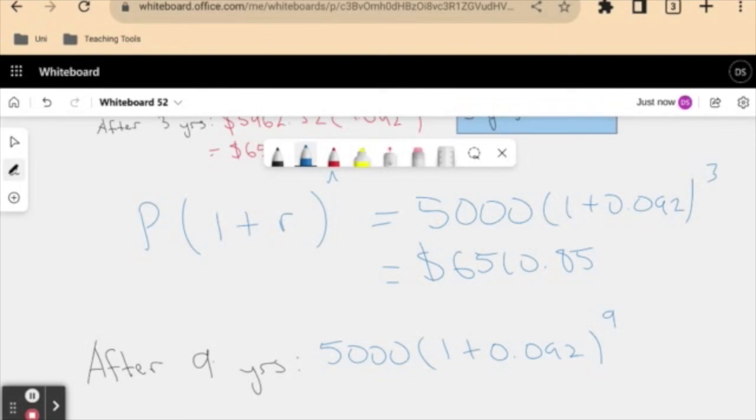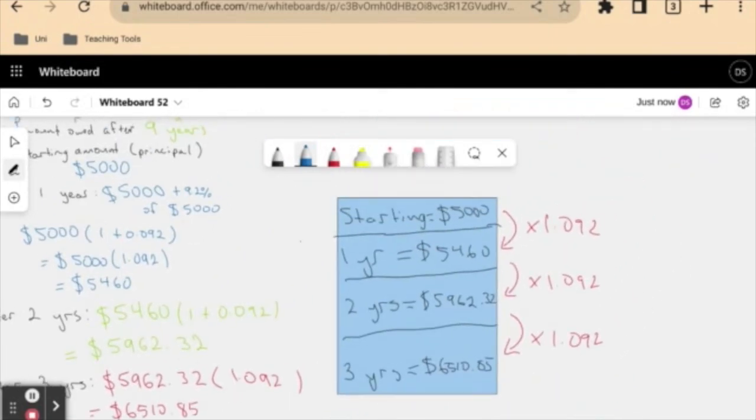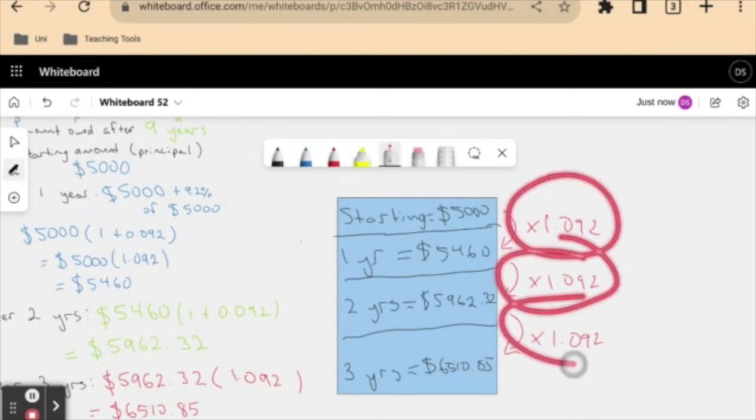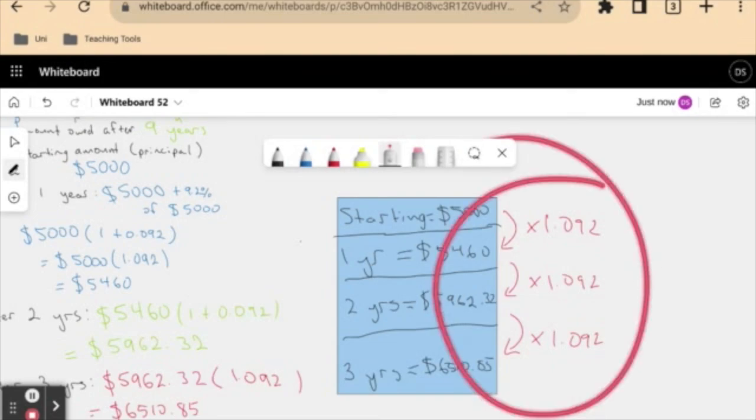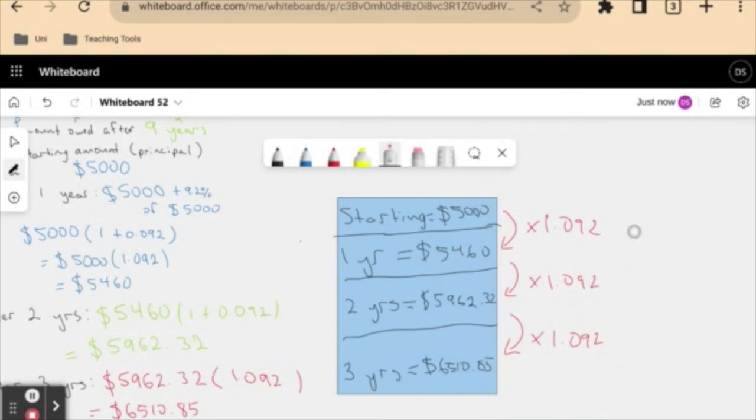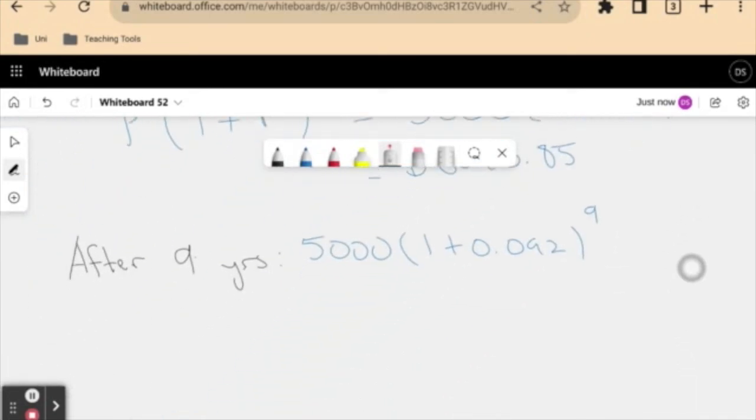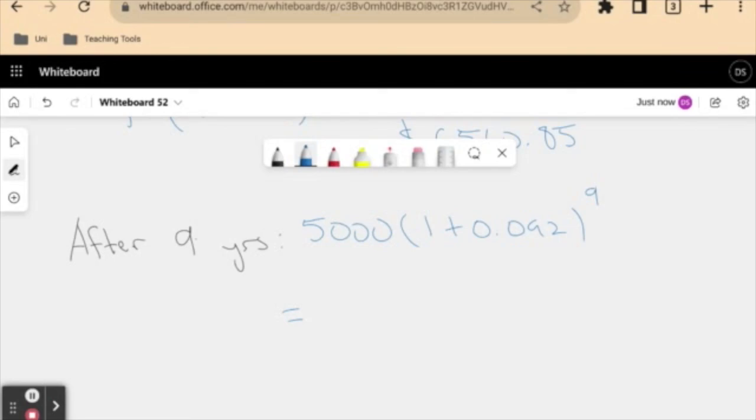Because this has happened 9 times. So this whole thing we established in the table, 1, 2, 3, it's going to go all the way down to 9. We're going to get 9 lots of this rate increase on the original amount owing. And plugging this into our calculator, we get a whopping $11,040.12, roughly.